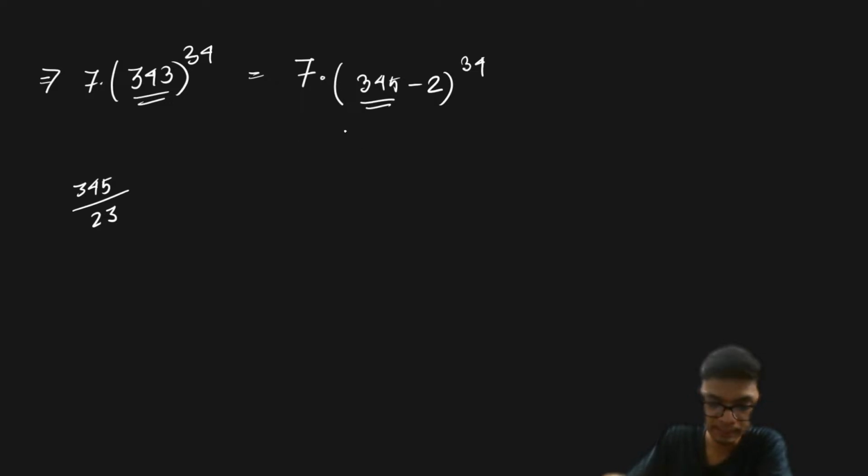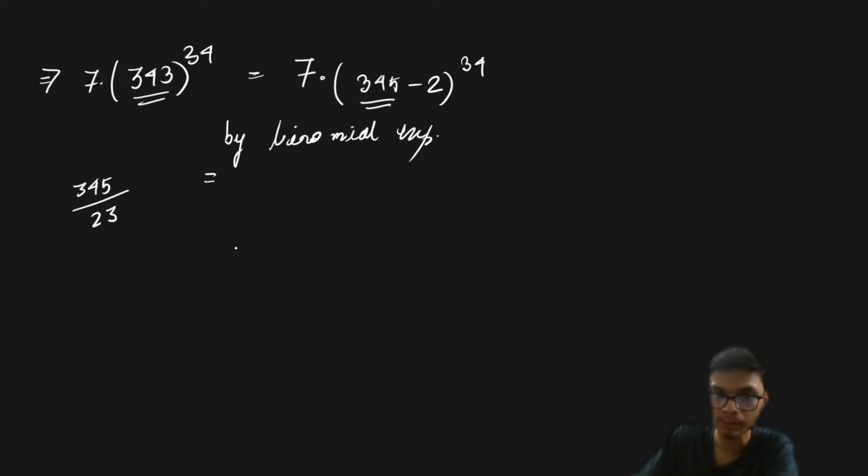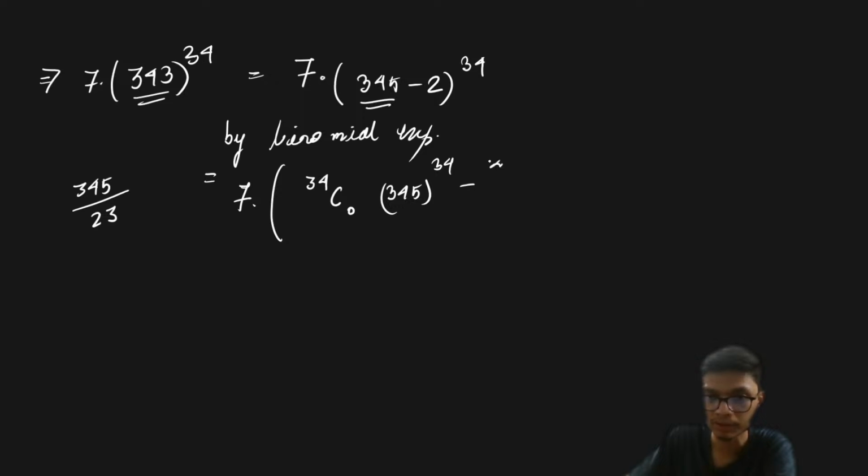So ultimately, what I can do is simply use the binomial expansion, right? So I can just use the binomial expansion over here. If I use it, it will be 7 times 34 C0 345 raised to the power 34, minus 34 C1 345 raised to the power 33 into 2 raised to the power 1, right?